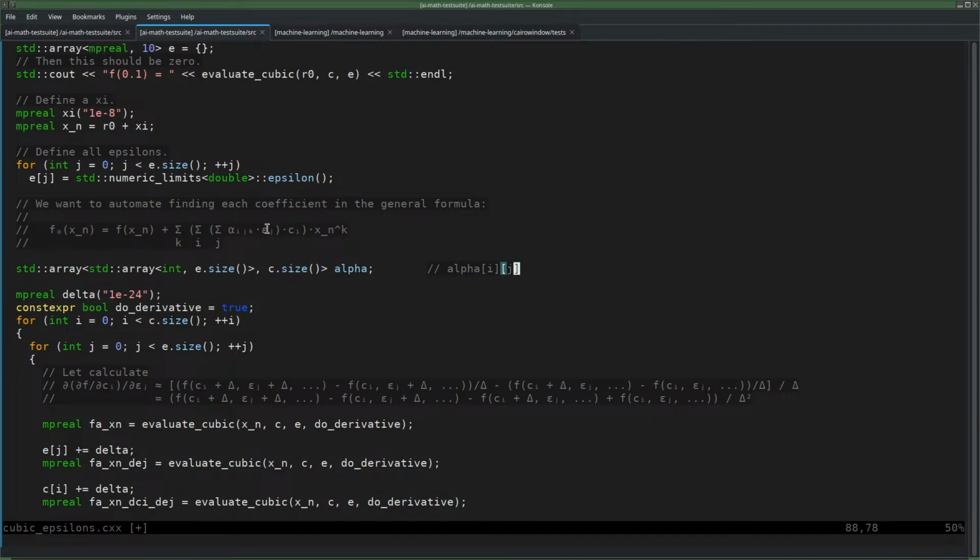Now I put the k here at the end, so even though the summation comes first, you could just swap the summations anyway. But do whatever you want.